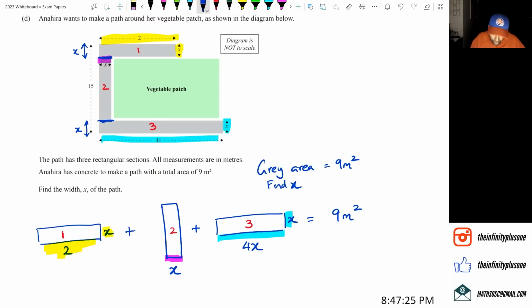So rectangle 2's height is from here, which is 15, but we have to take away 2 x's. I hope that makes sense. Basically rectangle 2's height is 15 take away 2x.